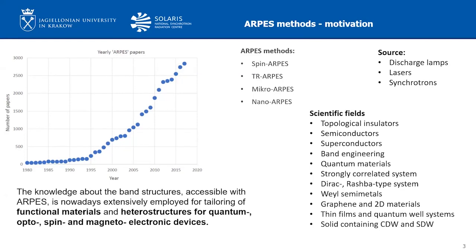Moreover, the knowledge about the band structures accessible with ARPES is nowadays extensively employed for tailoring of functional materials and heterostructures for quantum, optic, spin, and magneto-electronic devices, for example.